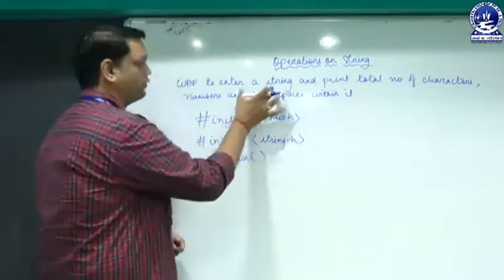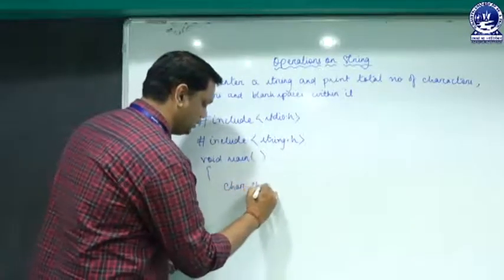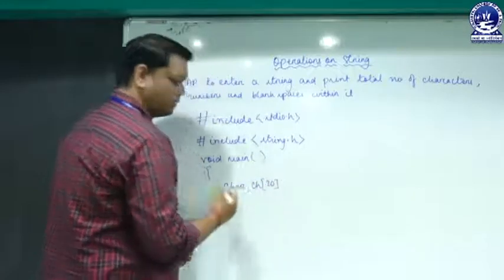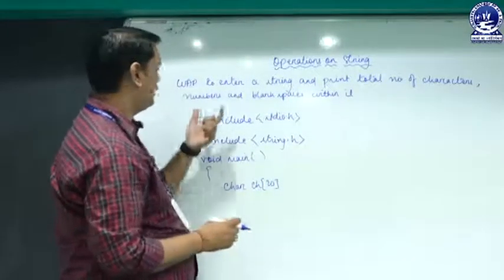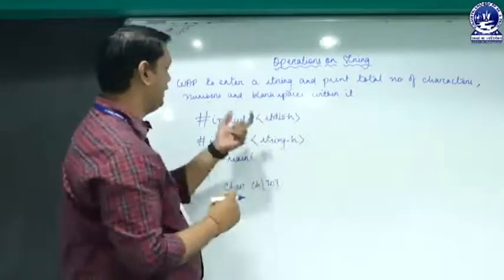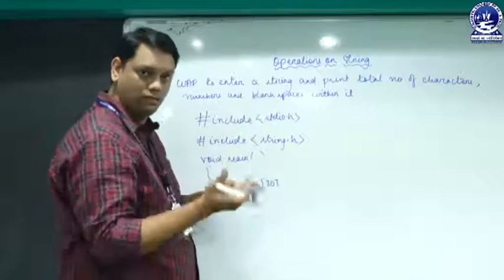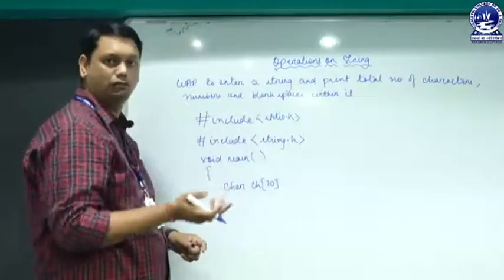Then first of all we have to enter a string. Let's say I take a character array, ch of, let's say, 20 characters. Then I have to print the total number of characters, numbers and blank spaces. So for characters we have to take a variable, for numbers we have to take a variable, and for blank spaces we have to take a variable.